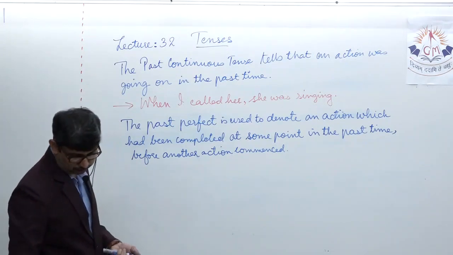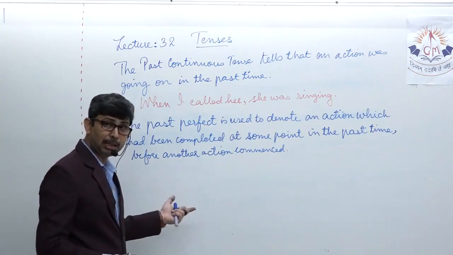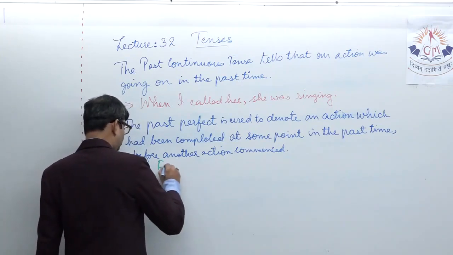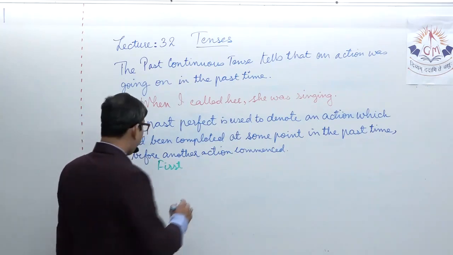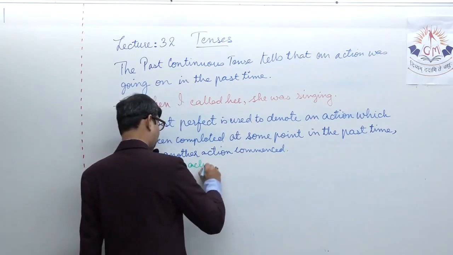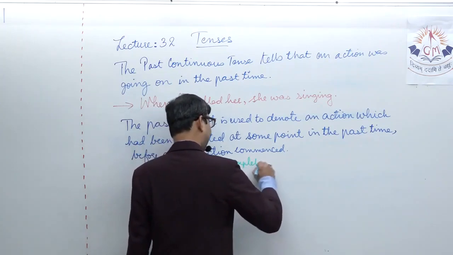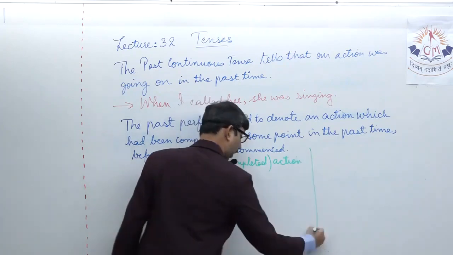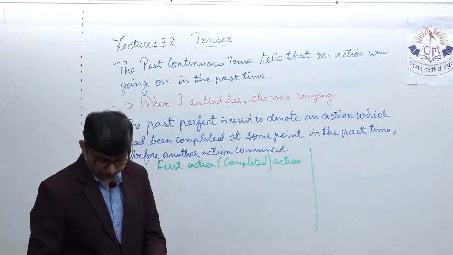An example for this, if I write the first action and second action separately to explain my point. Let's take the first action. What might have happened, or what you call a completed action, first action, or we say a completed action, compared to the second action that happened after the completion of the first one.